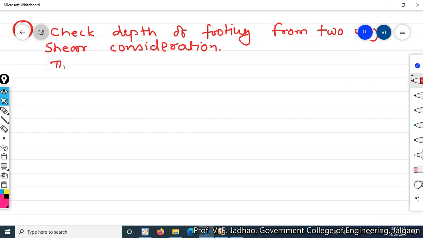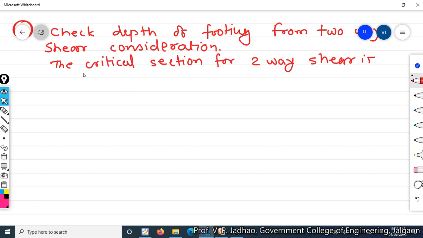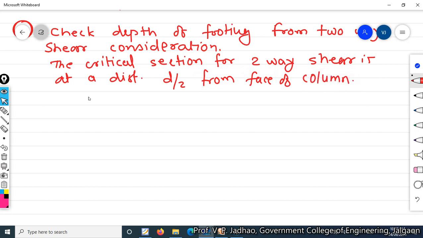Now the critical section for two-way shear is at a distance d by 2 from the face of column, and it is acting at the periphery only, which was explained earlier.